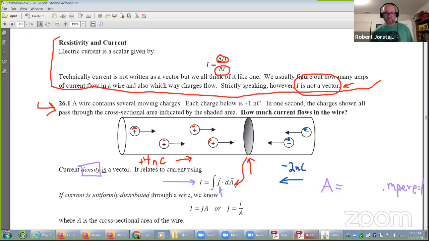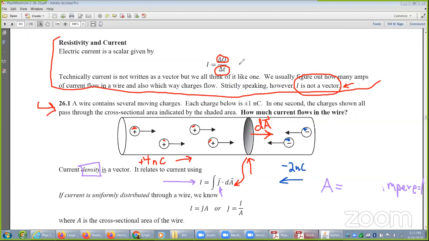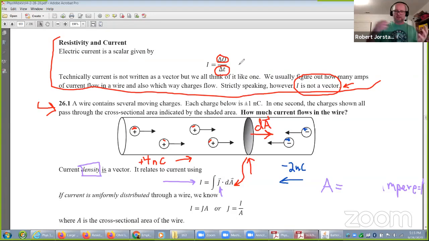The area vector, if you remember from Gauss's law, points perpendicular to the surface. And now you can see how current densities make some sense, if we think of current density as being the current per unit area.